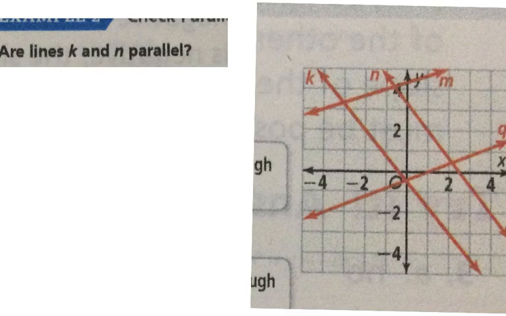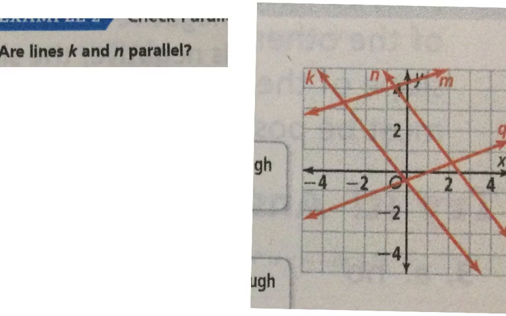Alright, now if I had to plug those in, this is what we would have to do. My ordered pairs are (-2, 2) and (2, -3). So if I plug those in, I'm going to make this x1, y1, x2, y2.